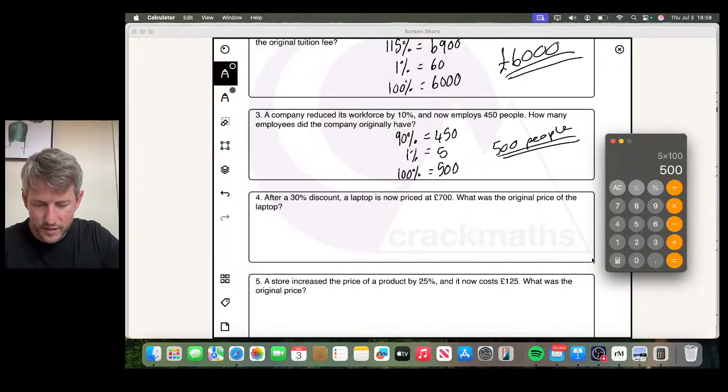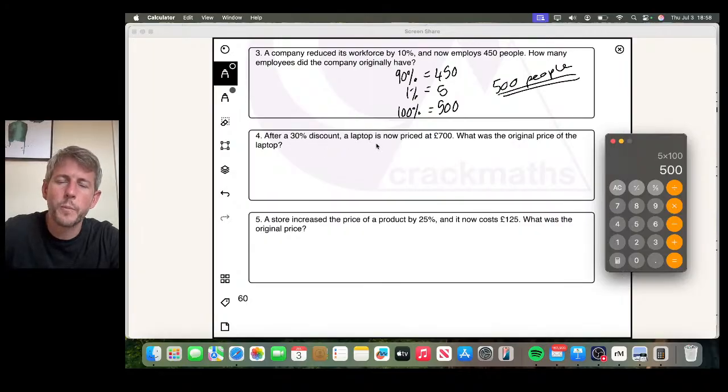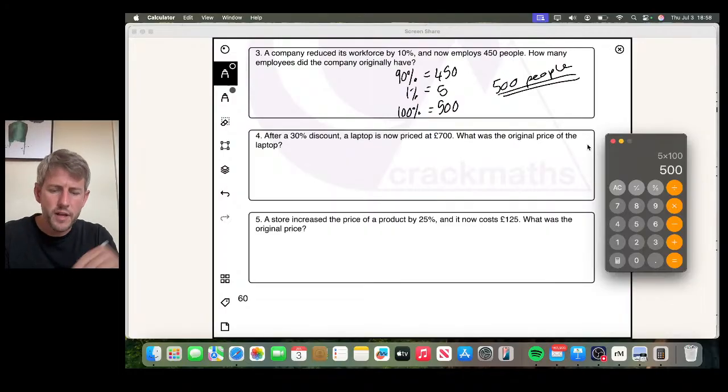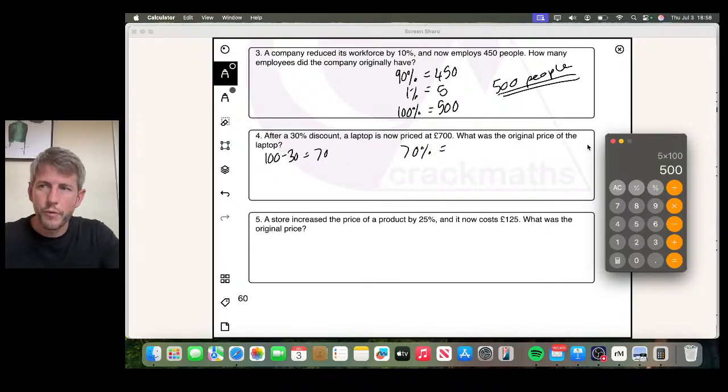Right, next question here, question 4. And this one says, after a 30% discount, a laptop is now priced at £700. What was the original price of the laptop? So a 30% discount, so that's 100 take away 30, and that's 70. So we're now looking at 70% of the original price, and that costs £700.